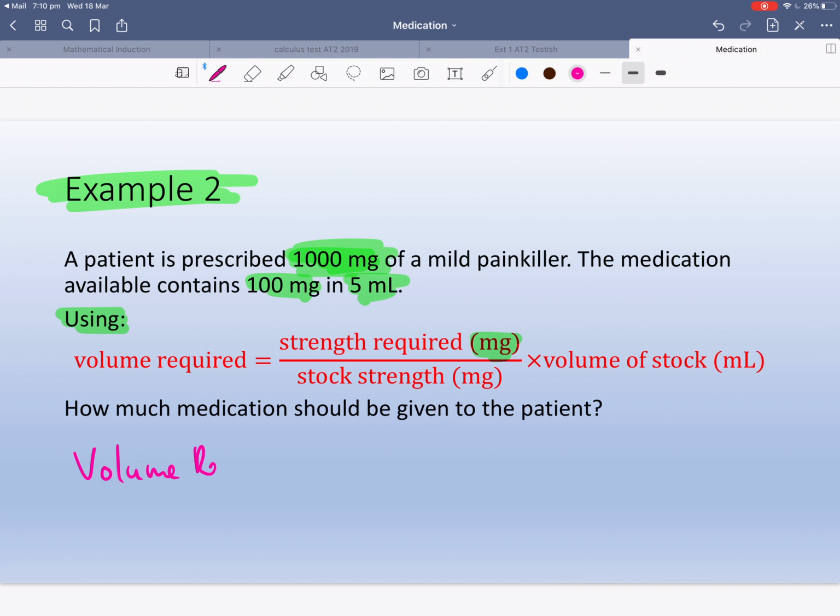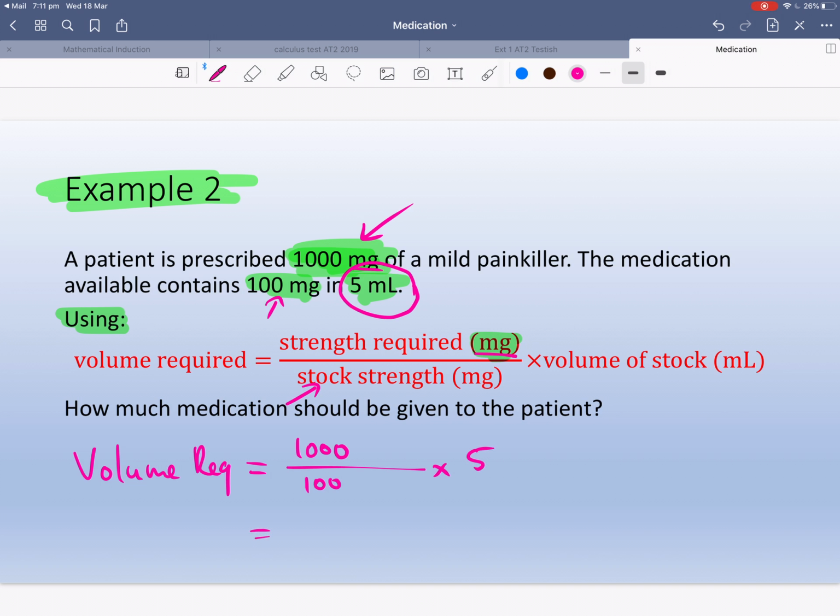Volume required equals, what's the strength required? What's down here? It's 1,000. And it's in milligrams already, so we're good. What's the stock strength? Well, what's available is what's in stock. So that's 100. So we're going to put that in. And now we're going to multiply by the volume of the stock. So this is volume. Volume is often in milliliters or liters. So times 5.